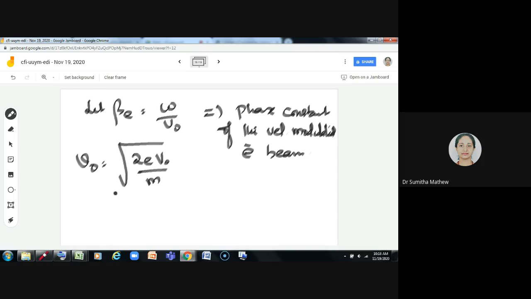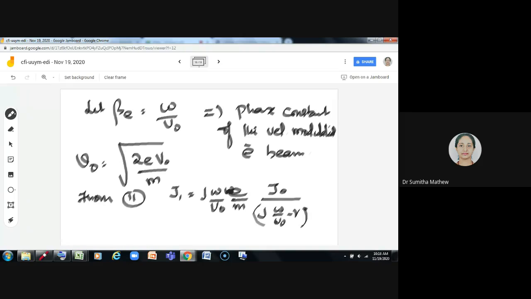So from equation number 11, which we have obtained just now, manipulating that equation, I have written down the steps in the note. J1 is equal to J omega by V naught into E by M into J naught by J omega by V naught minus gamma whole square into E1 by V naught square.